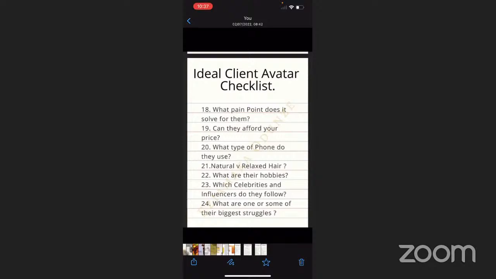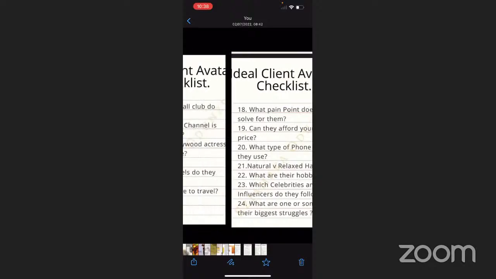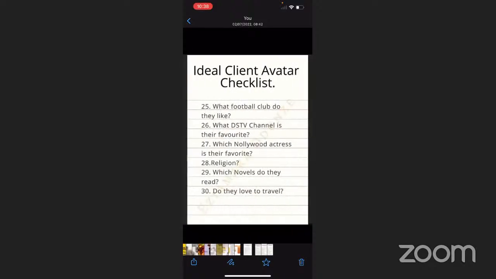Her hobby is reading, listening to Christian sermons, and watching some African magic movies. She follows celebrities like Shola Shobowale and Mami G and co. Her biggest struggle is, as a mother that has a challenge child, how do I cope?